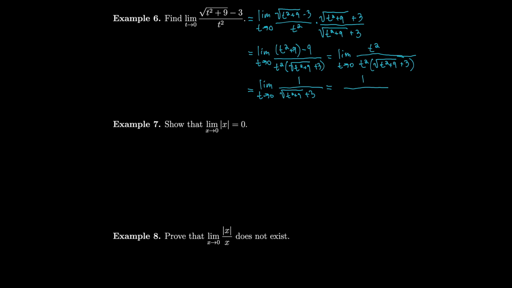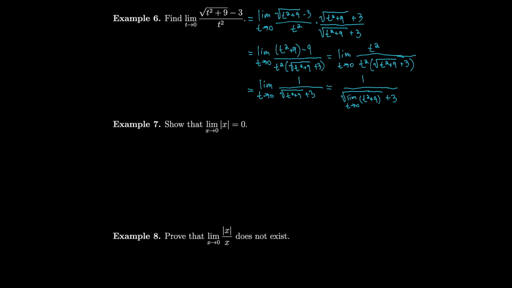On the bottom, it's the sum of the limits, so I can do the limit of the square root and the limit of the 3 separately. Because it's the limit of a square root, I can put the limit inside the square root. And the limit of 3 is just 3, like I said.